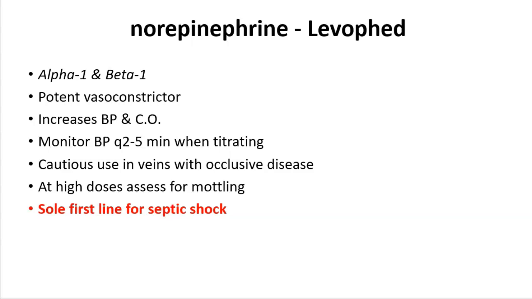This is a great first line treatment and is the sole first line treatment for septic shock because it will increase everything the person needs in that distributive shock, which is, of course, the blood pressure and cardiac output.